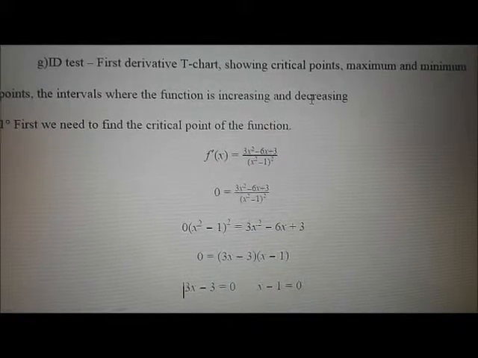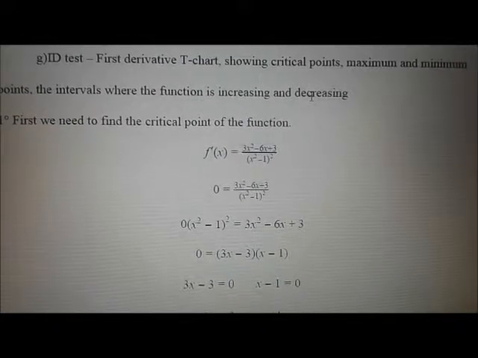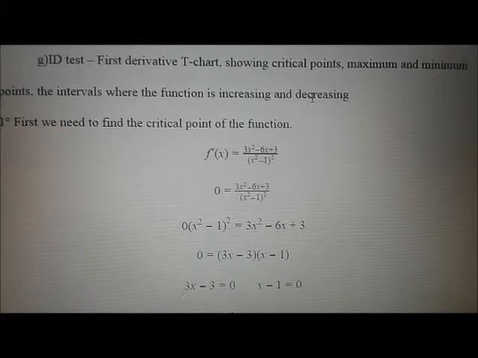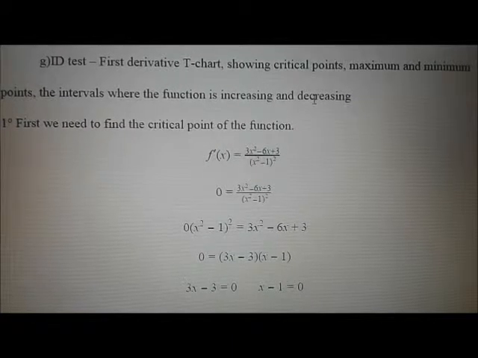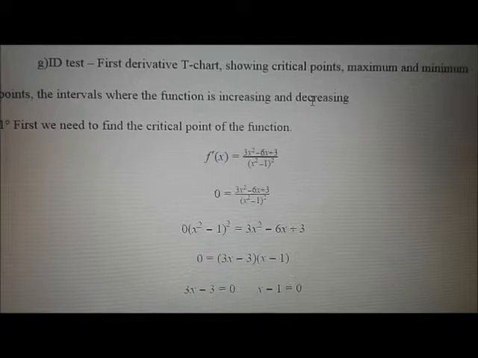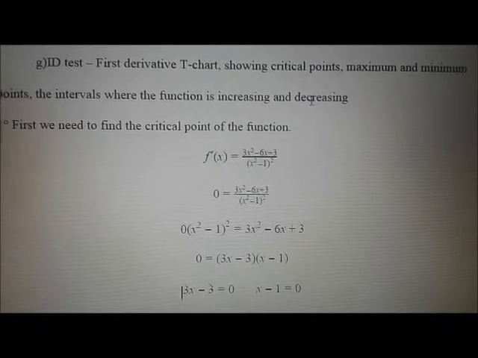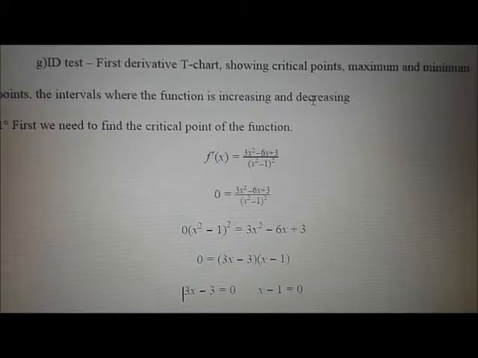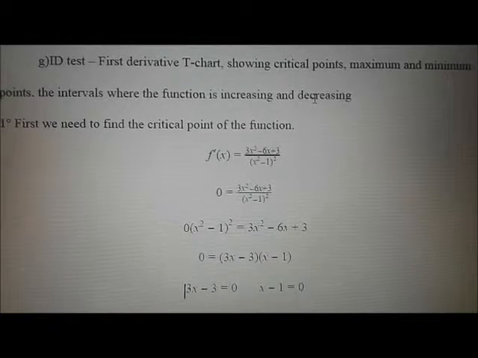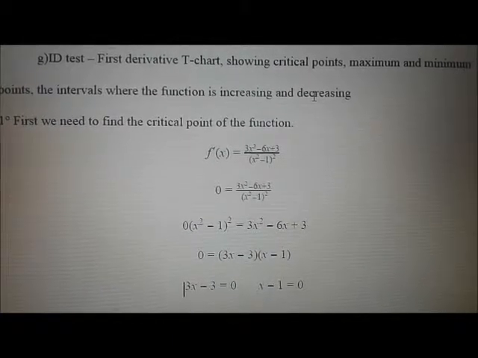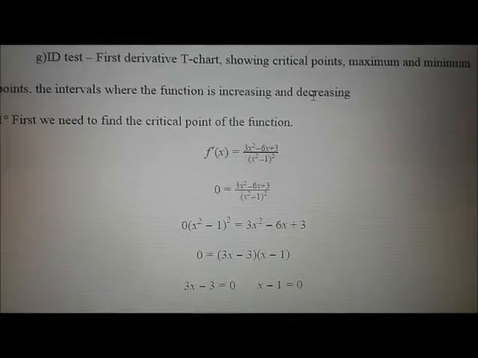So 0 is equal to 3x squared minus 6x plus 3. We need to simplify 3x squared minus 6x plus 3. That is equal to 3x minus 3 multiplied by x minus 1. All this is equal to 0.